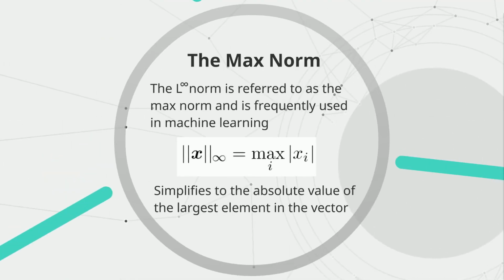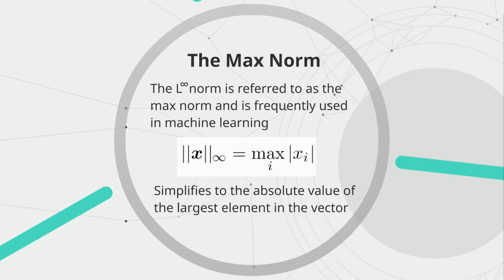We're not done. We can use the max norm, which is where we actually take P to infinity. So the L to the infinity norm is referred to as the max norm and is frequently used in machine learning. In this case, it's actually going to simplify to the absolute value of the largest element in the vector.